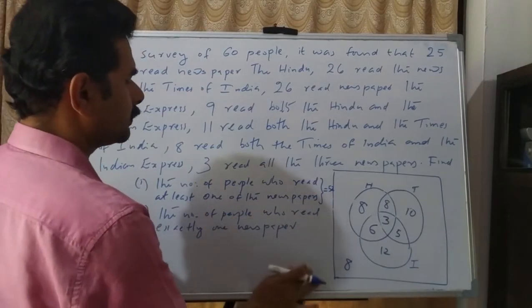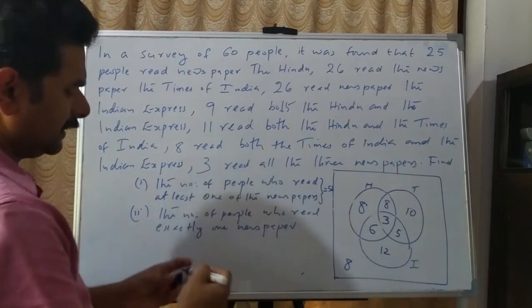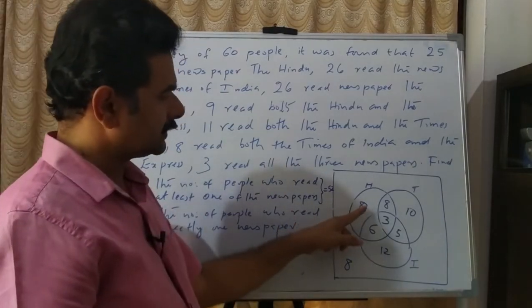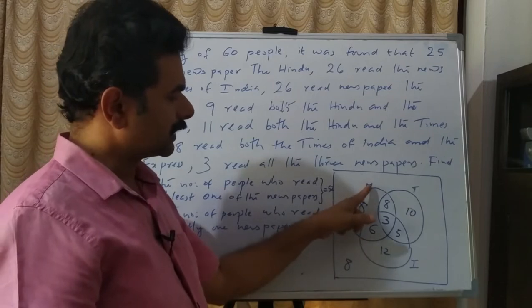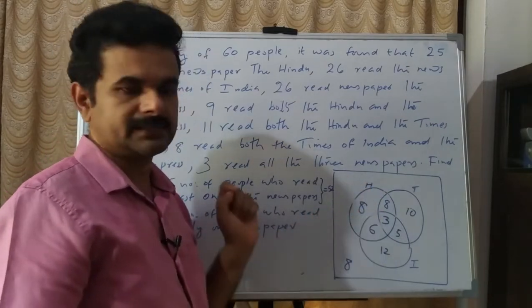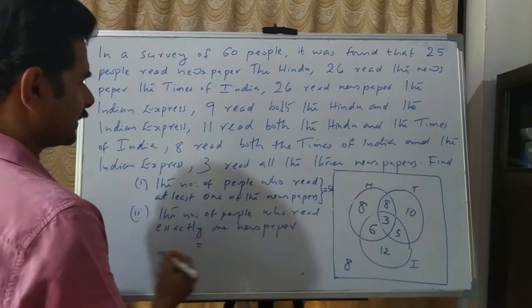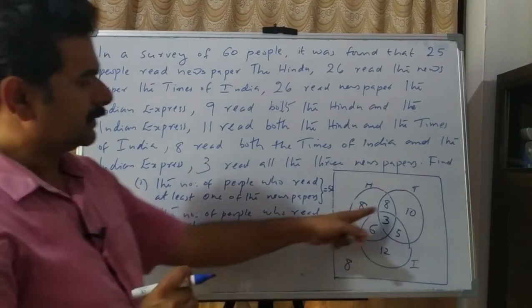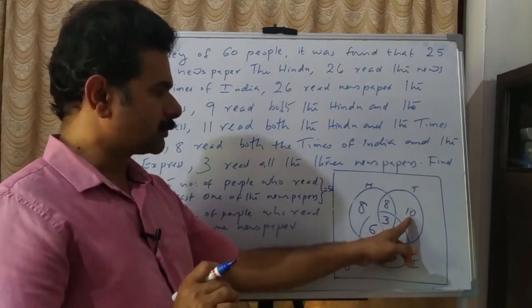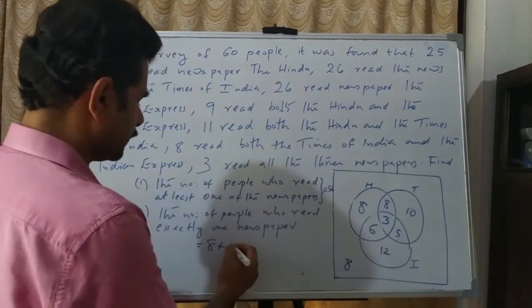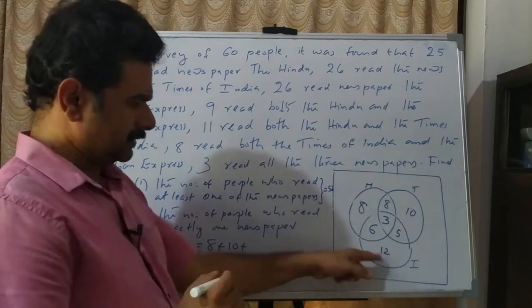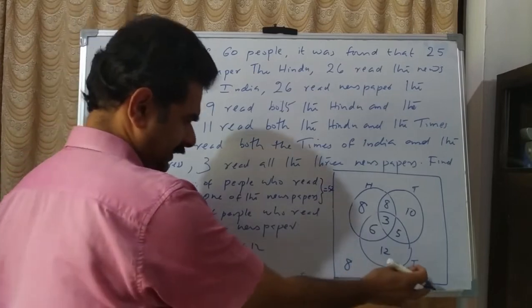Then the number of people who read exactly one of the newspapers. Exactly one means this 8 represents the Hindu only, 8. So the second answer is what? 8 plus this 10 read the newspaper Times of India only, 10, plus this 12 for Indian Express only.